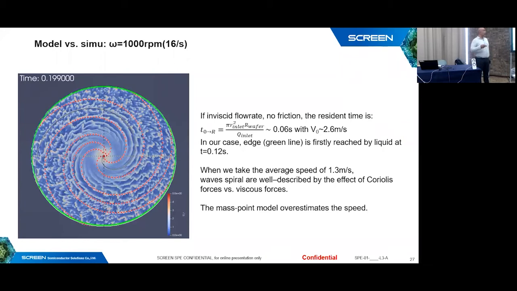If we take an average factor of 1.3, because you double, so you decrease the velocity, you can reach a nice spiral. However, our model is currently the mass point model. The analytical one is currently overestimating the speed.